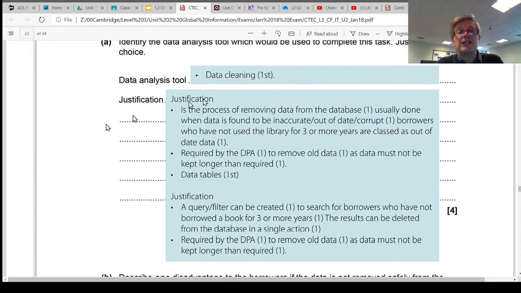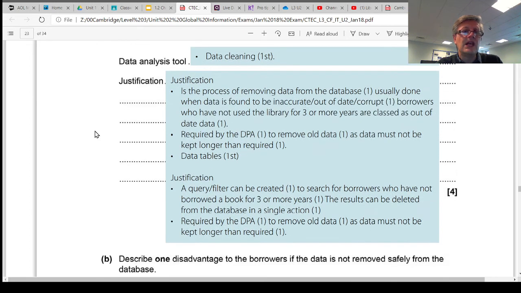So data cleaning is the obvious answer, and that gives you the first of the 4 marks for this question. And then the other 3 are for the justification of the tool that you've selected.